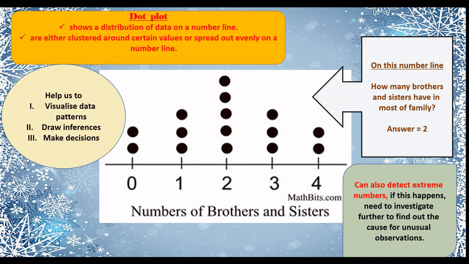But suddenly one of your friends tells me, teacher, I got 11 brothers and sisters. Sure, I will be shocked. Wow, 11. Is it true? Or am I hearing the wrong thing? So I will question the student. You got 11 brothers and sisters. How old is your eldest? How old is your youngest? Then I will ask, what was your mother's age when she gave birth to the eldest?